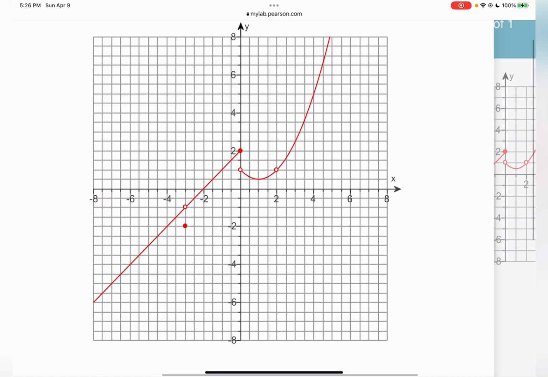Positive 1, I see from the left side where the negative is, it doesn't have any value, right? From the right side, when it's coming from the side of plus, how much is it going to be?